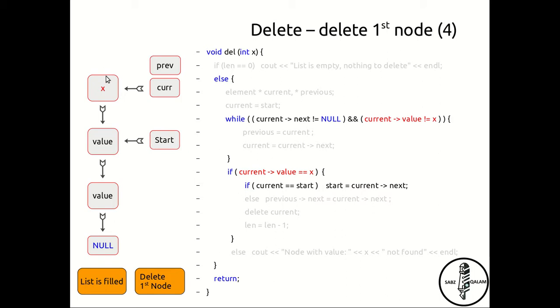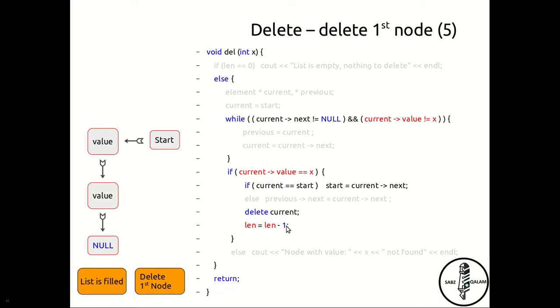Start is no more pointing to this location, it is pointing to the second location. And then once start is pointing to the second location, you can simply write delete current and delete this whole thing. Because now you've deleted an element of the linked list, there are fewer elements in the list, hence length is assigned as length - 1.